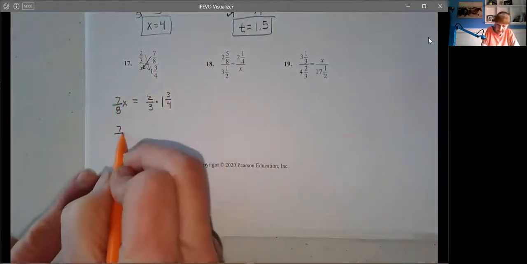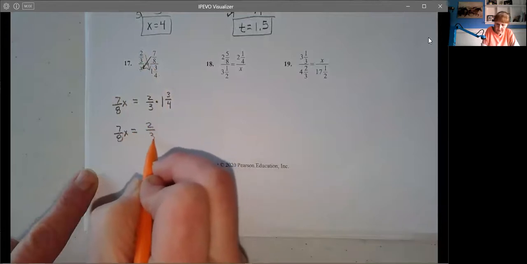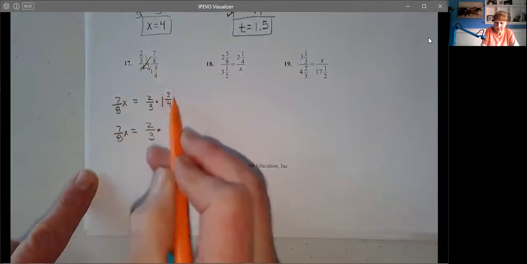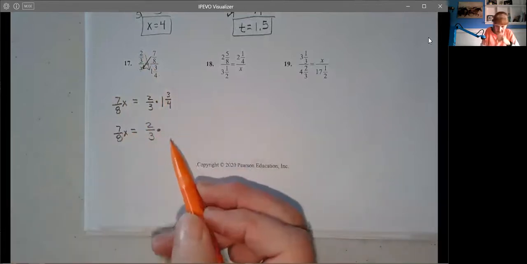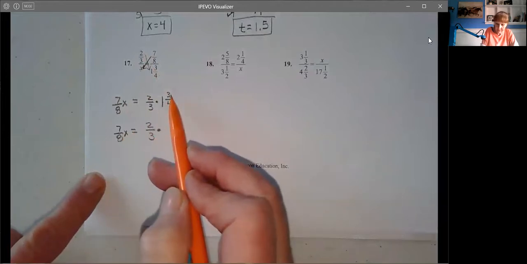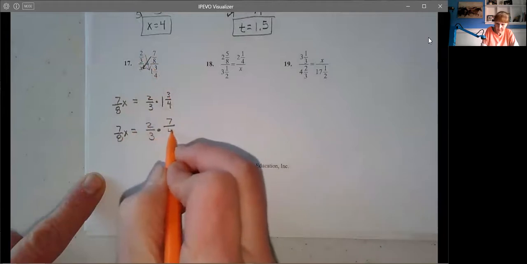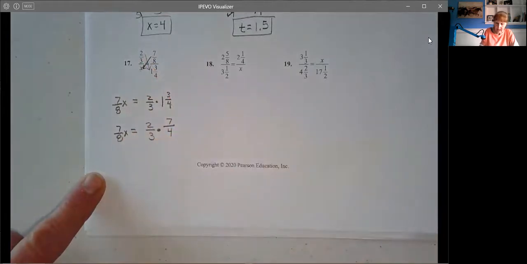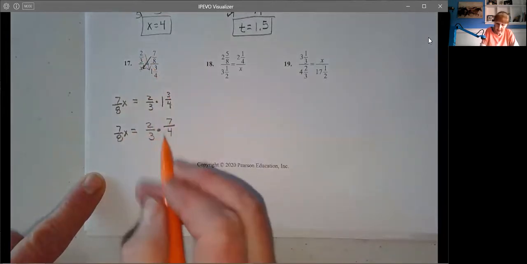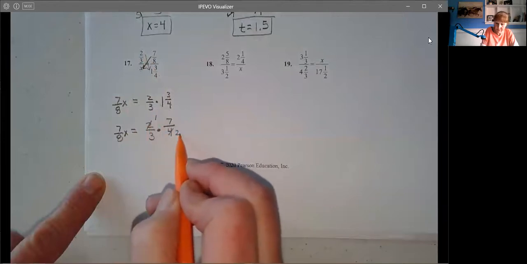So I have 7/8 x. 2/3 times, you have to make your mixed number a fraction. 1 times 4 is 4, plus 3 is 7 over 4. And can you reduce? Yes, the 2 reduces with the 4.